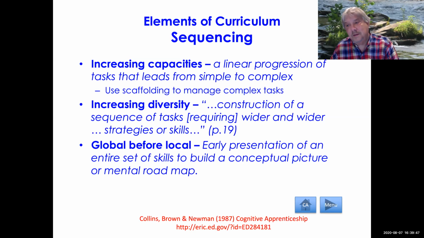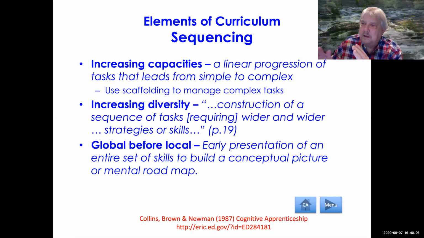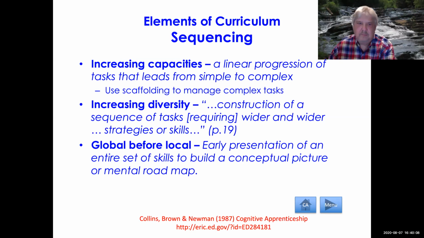That isn't necessarily true, but it's become habitual that we assume psychologically that you've got to build on skills. So it's increasing complexity, the idea that you start with A, and it leads to B, and B leads to C.